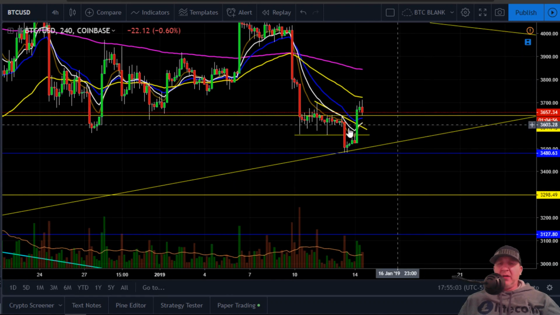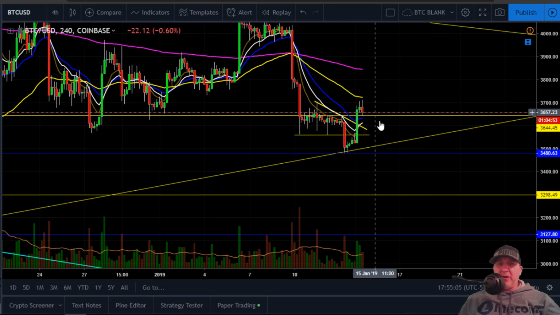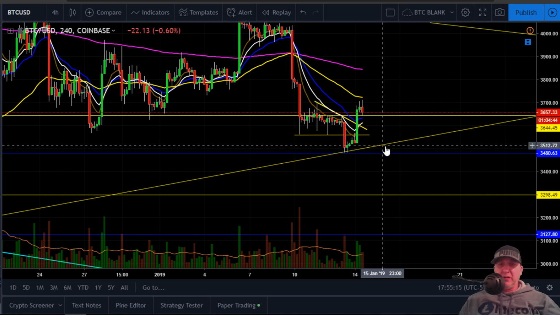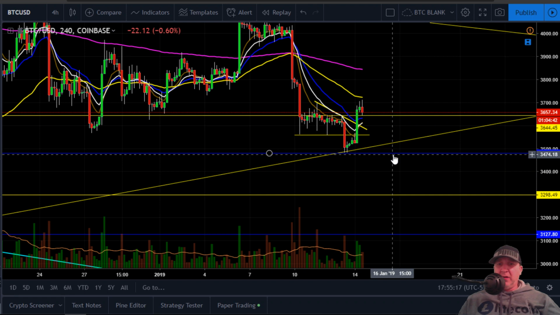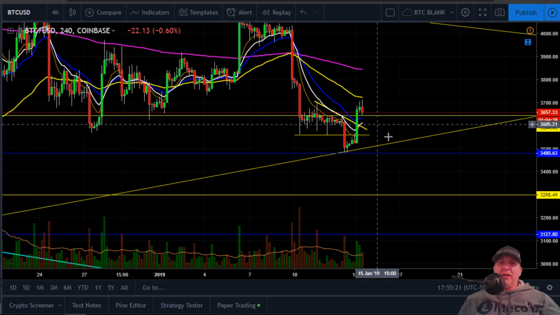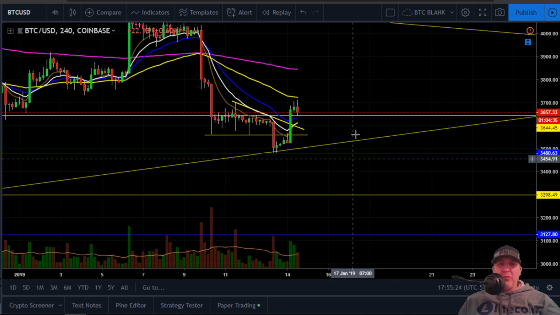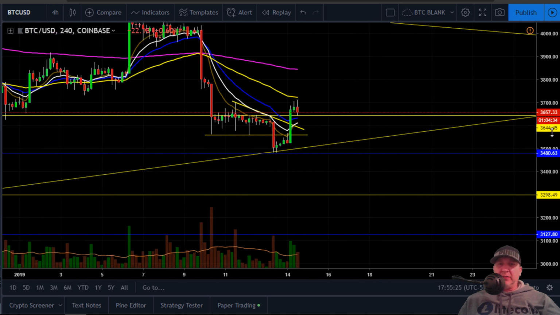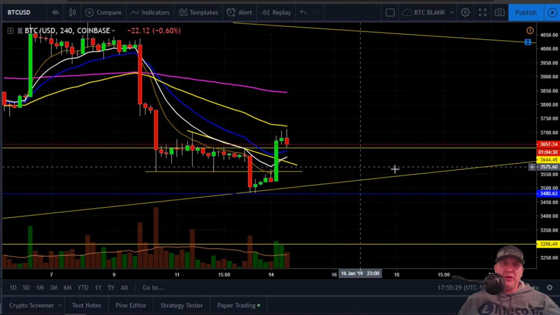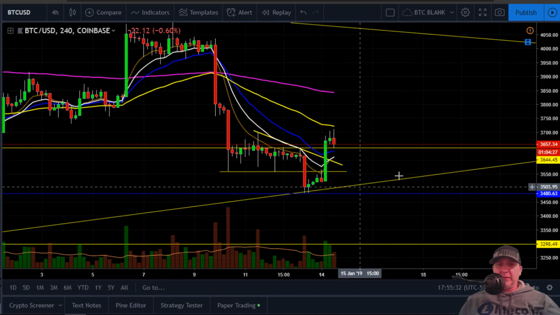I think we're gonna stay above this, but again, like I said, draw your own trend lines and really watch this 3640 area. If we drop back down in here, then we have our next support at 3480. But I don't think we have anything to worry about as of right now dropping down in there, but you should still always watch these support lines and see if we break through them.